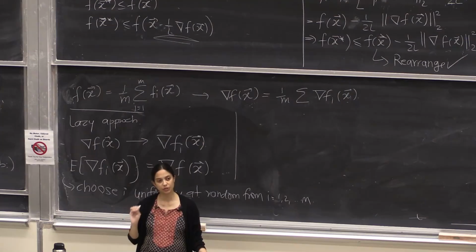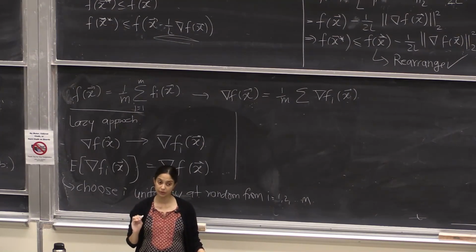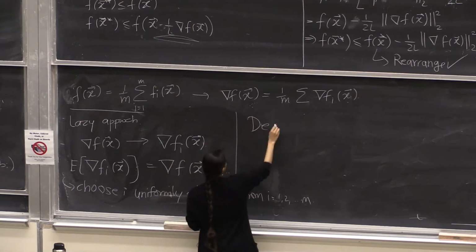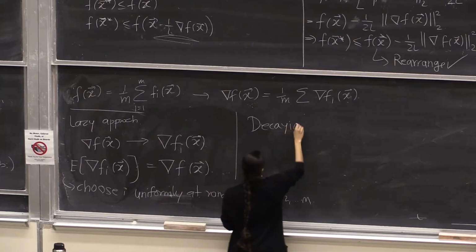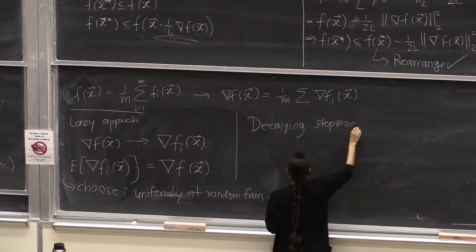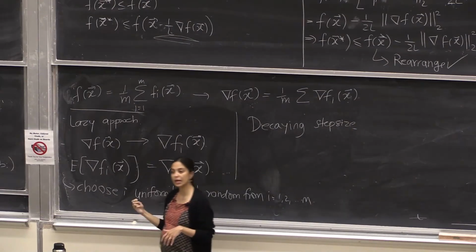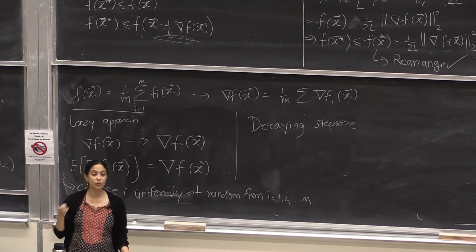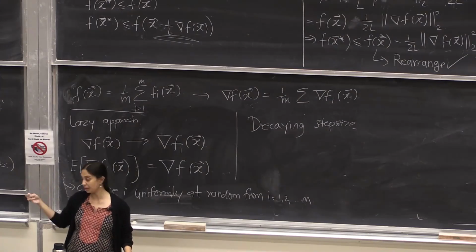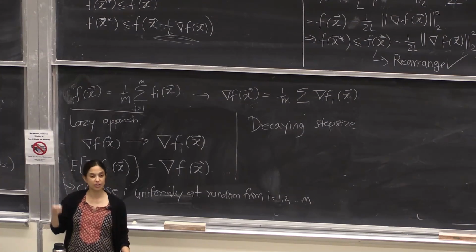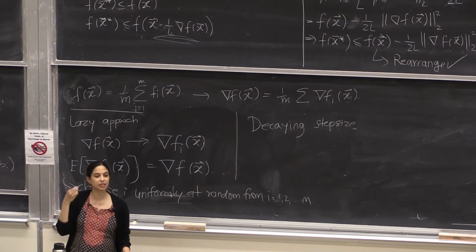The thing to know about stochastic gradient descent is that most of the time, when you're using it in practice, you will choose a decaying step size. So unlike gradient descent, where you always have a constant eta, here you will have an eta that depends on time t. And as t gets larger, your eta gets smaller. It's one way of forcing convergence, right?